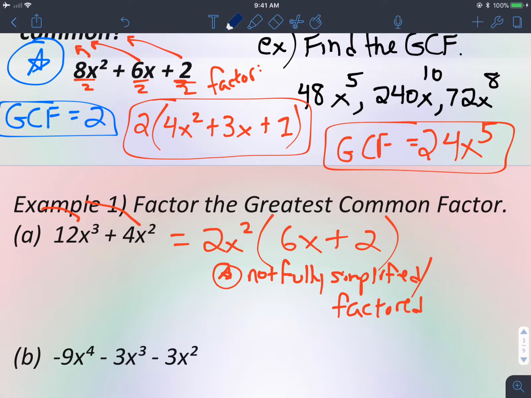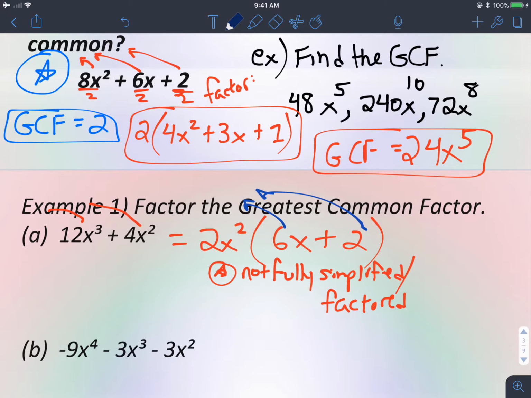So like I might have to do it again. And then make this 4x squared. And then 3x plus 1.